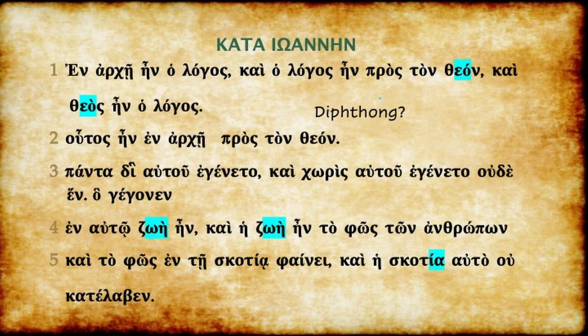In this case, all vowels except the last one have other vowels, omicron or eta. The last one has iota, but iota stays first. It means all these vowel combinations are not diphthongs.